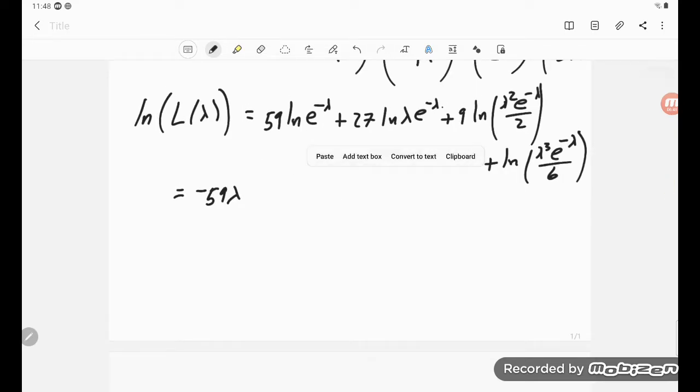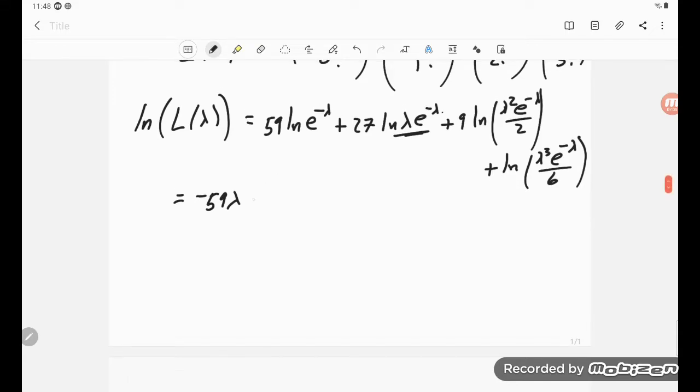Then I can break up the product under this one into a natural log of lambda plus lambda e to the negative lambda, but the natural log of e to the negative lambda is just negative lambda, so I'll end up with a plus 27 natural log of lambda and then minus 27 lambda.